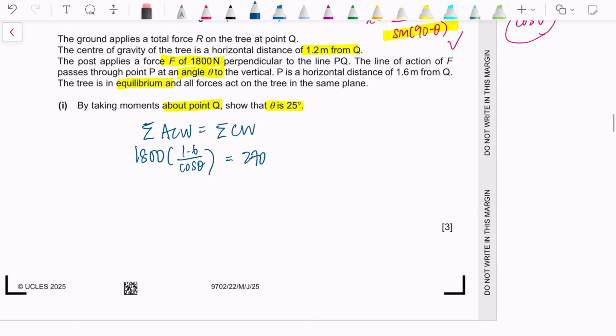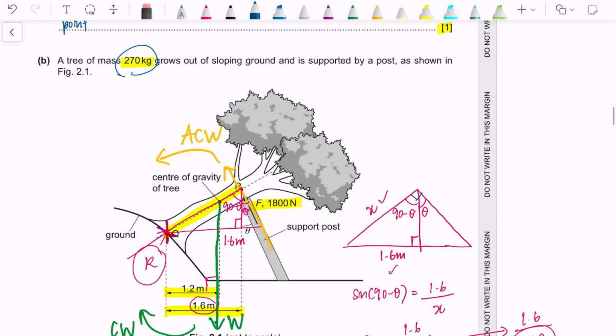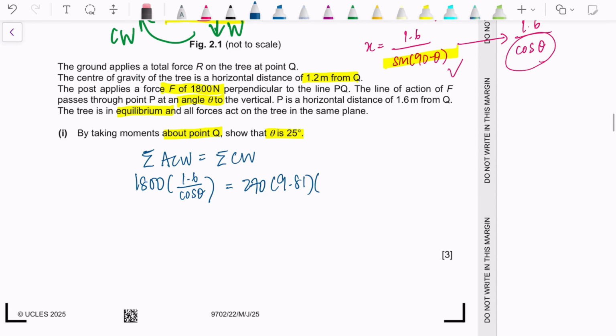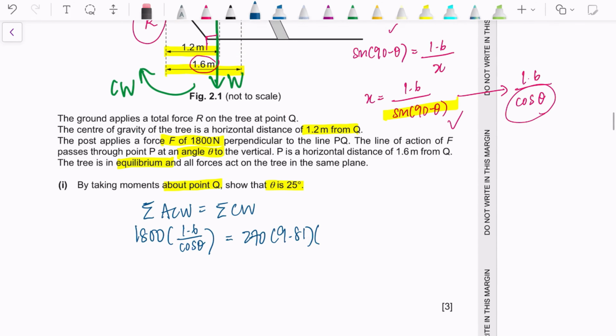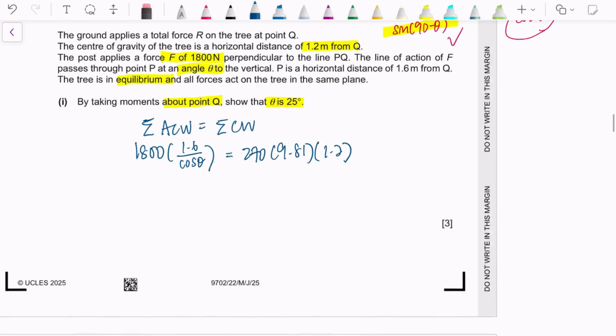Don't forget to times 9.81, because this is just the mass. Your weight is equal to mg. It's a very common mistake to forget 9.81. And multiplied by your perpendicular distance, which is 1.2. And let's calculate.